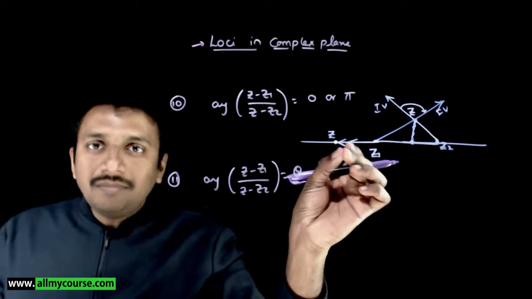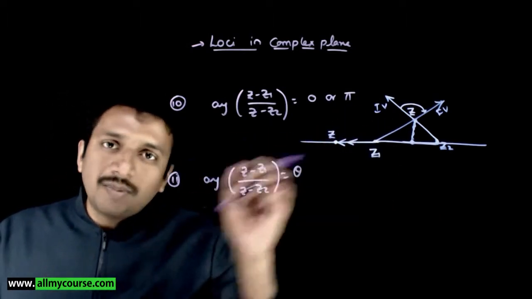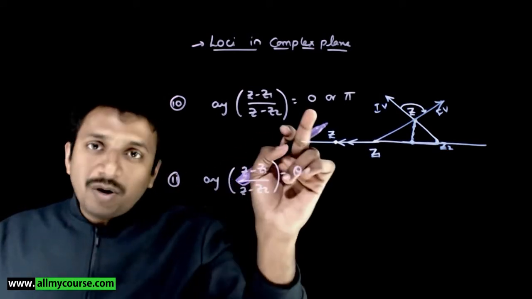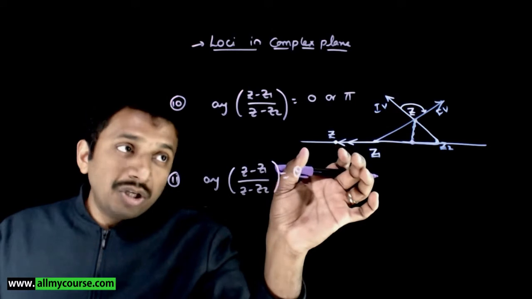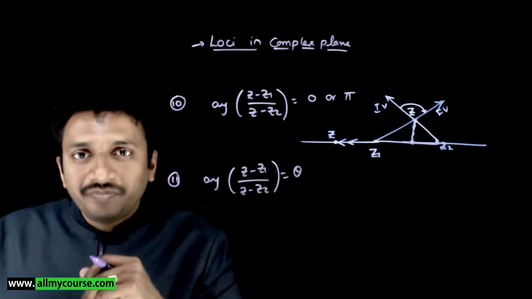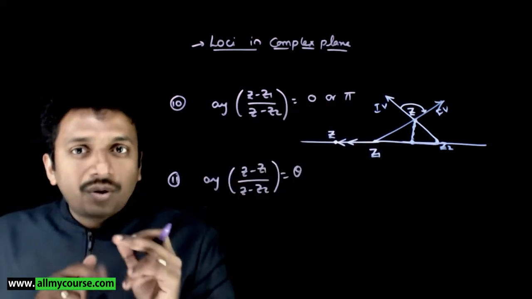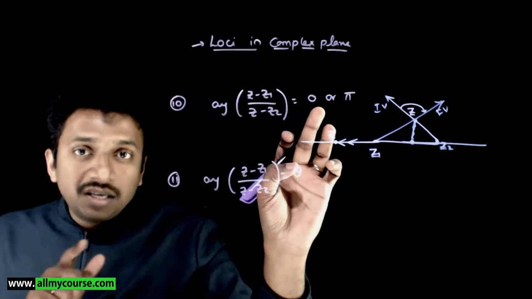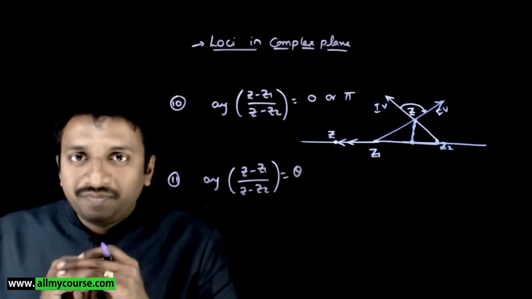What is the angle between them? 0 degrees. So corresponding to 180 degrees, you get the line segment z1, z2. Corresponding to 0, you get the portion of the line z1, z2 outside the line segment. So I hope this is clear. If this angle is plus or minus pi by 2, then the locus is a circle. If this angle is 0 or pi, the locus is a straight line joining z1 and z2.